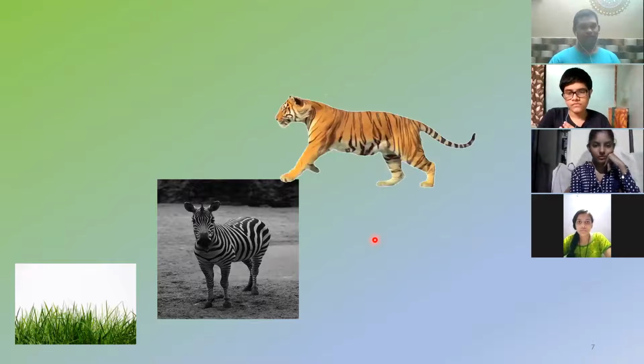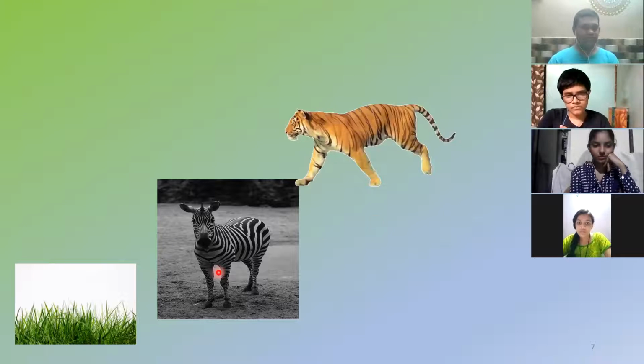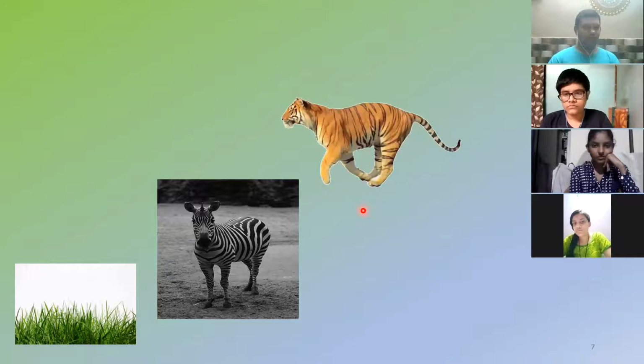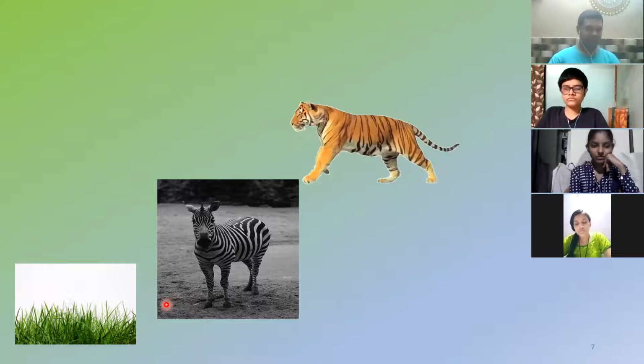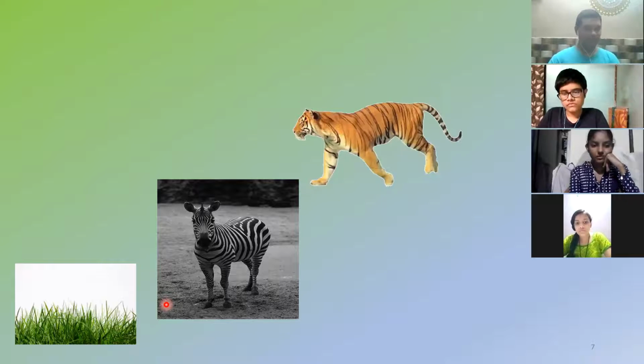Then now when this grass or the zebra or the tiger, considering these examples, they are living organisms. Okay, the zebra cannot eat all the grass on the earth. Some of them will be eaten, some will remain till the end of the life.